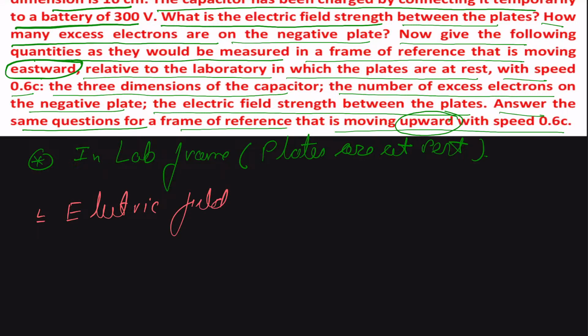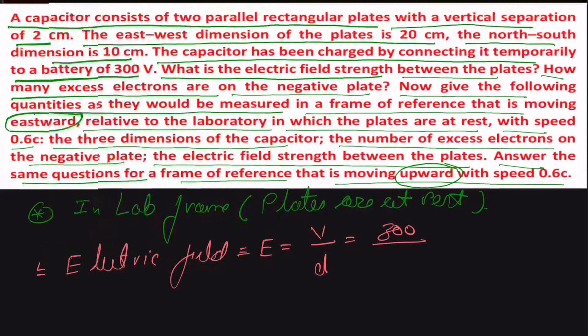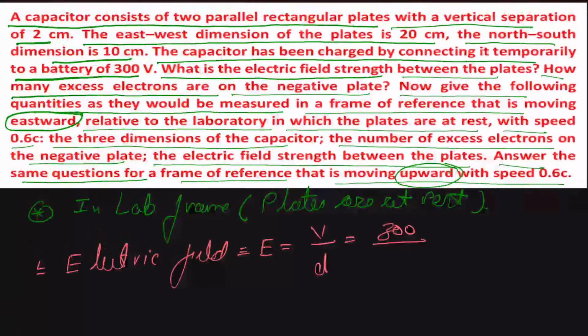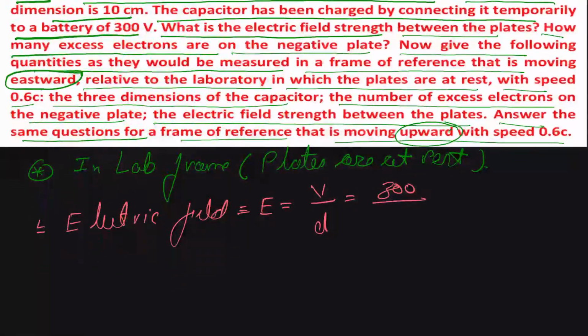Our electric field E is equal to the potential divided by the distance between the plates. Potential is 300, and the distance between the plates is given as 2 centimeters, so this will be 0.02. So the electric field will be equal to 1.5 times 10 to the power 4 volts per meter.